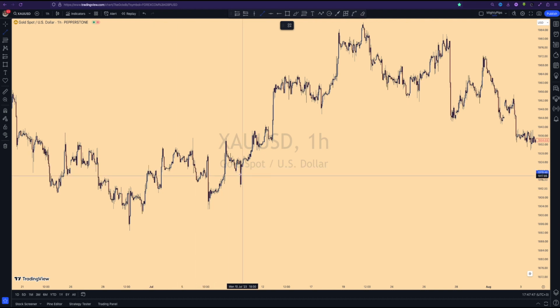So for example, we have market structure here creating the highs, the higher high, the higher low, the higher high, the higher low, the equal high, the slightly higher low, higher high.